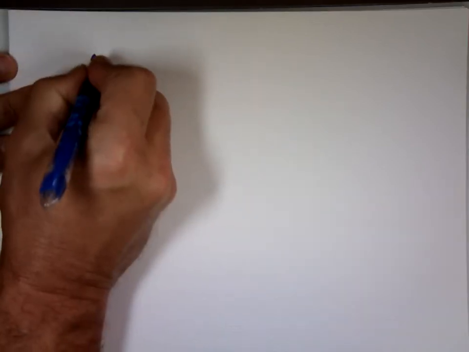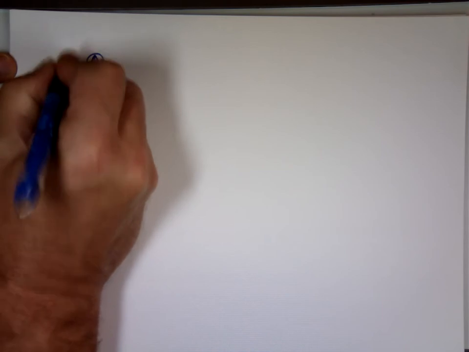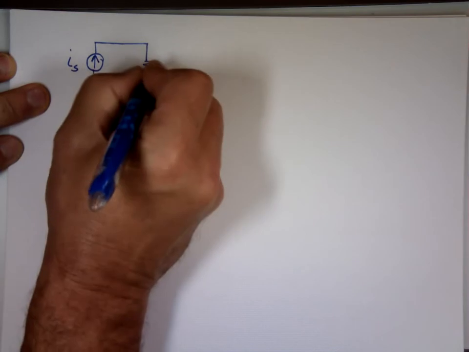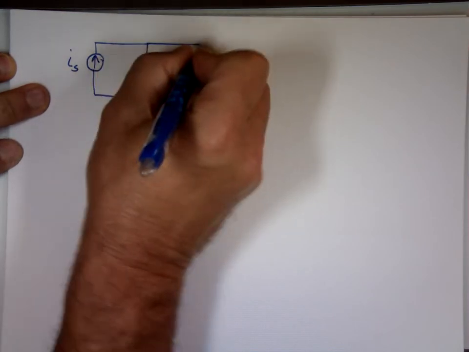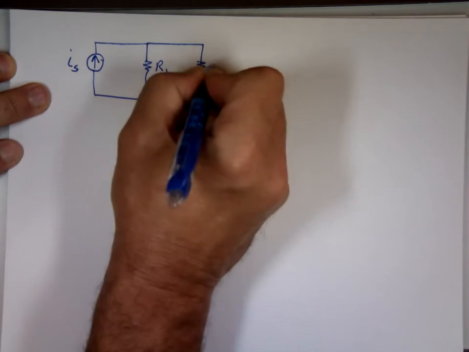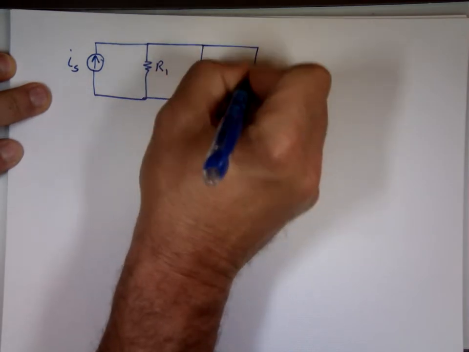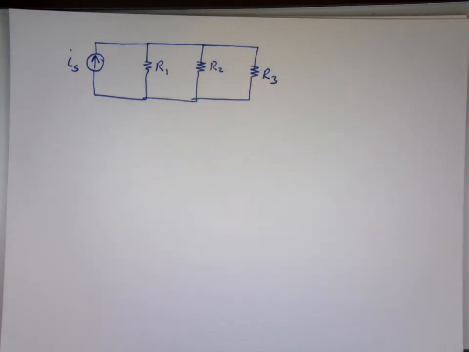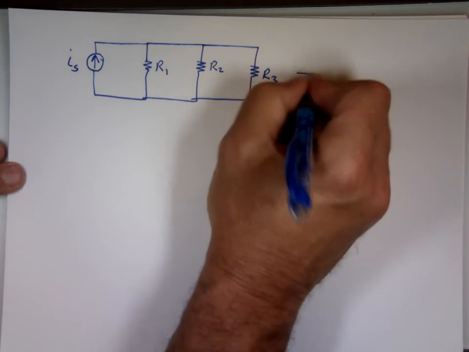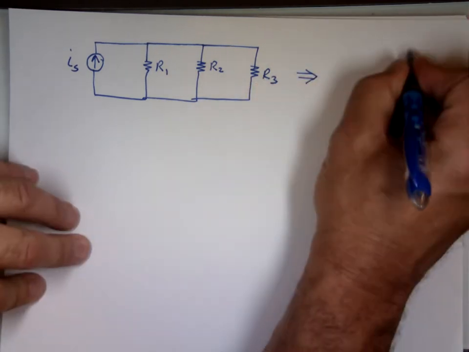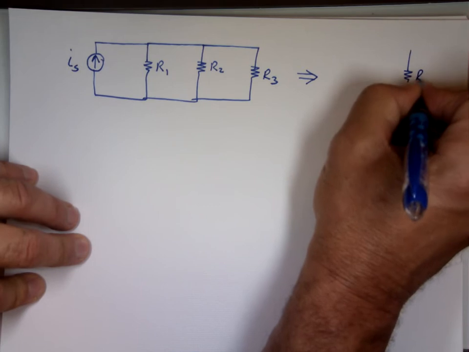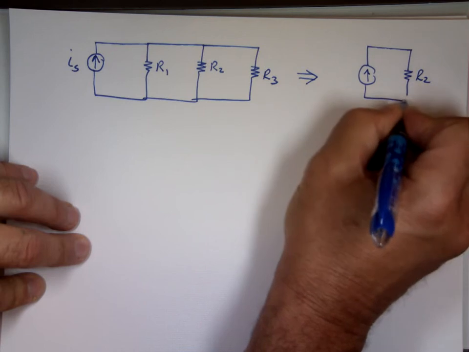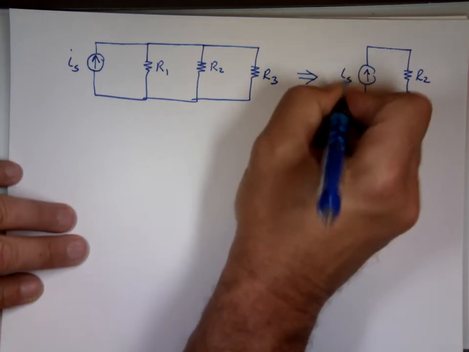So I have a current source, I sub S, and I'll just use 3 resistors, R sub 1, R sub 2, R sub 3. And again, I'm trying to replace that with one resistor, we'll call it R sub T, in parallel with the same source, I sub S. So this has to equal to this.